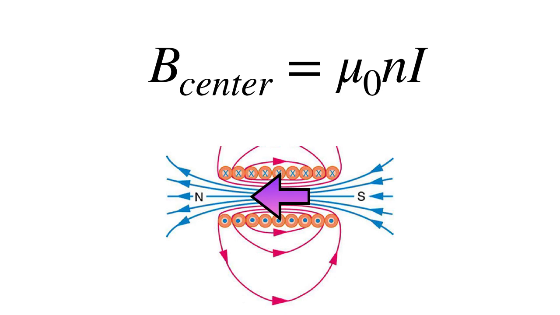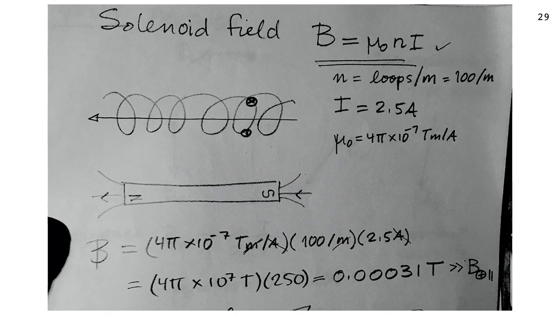All right, so now what we're going to do is a calculation. Let's go back to the document cam, and we'll do a simple calculation of a solenoid field. The magnetic field magnitude is mu naught times N times the current I. N is equal to loops per meter of the solenoid.